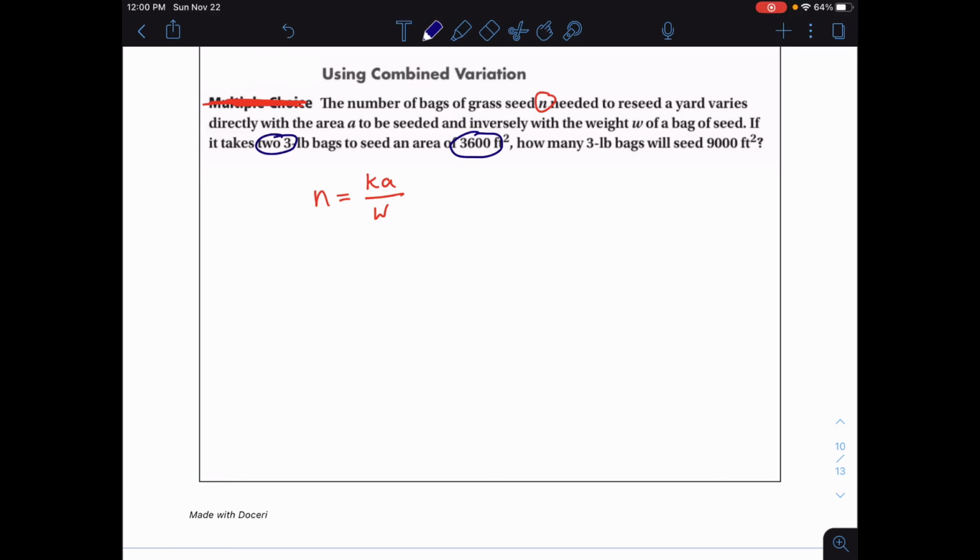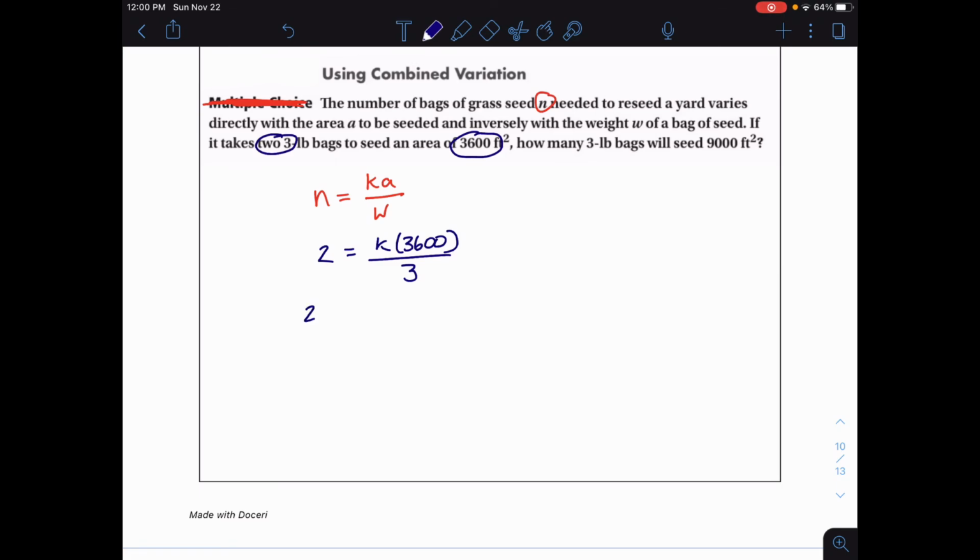So we've got the number of bags. So 2 bags equals k times our area, which is 3,600. And then the weight of the bags is just 3 pounds. So what we're going to do with this is solve this for k, which means we're going to multiply the 3 over.